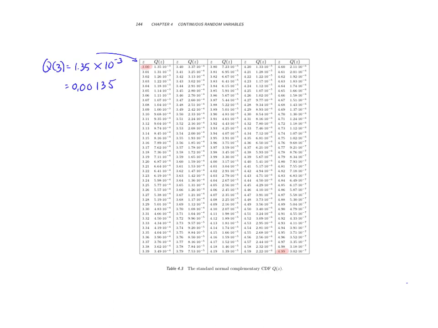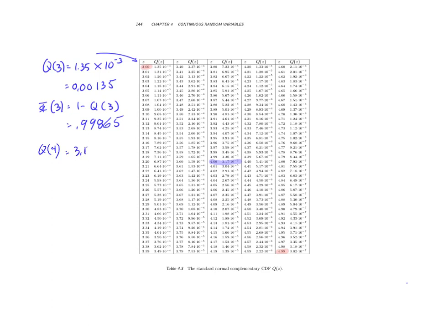So we know that phi of 3 is equal to 1 minus Q of 3, and it's equal to 0.99865.